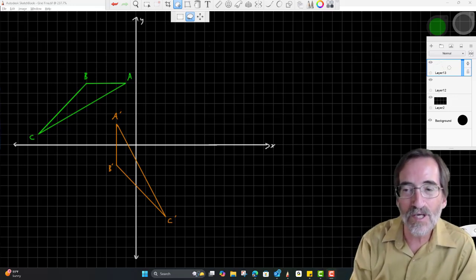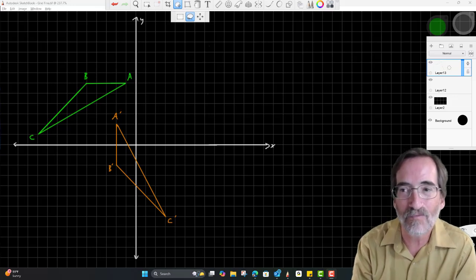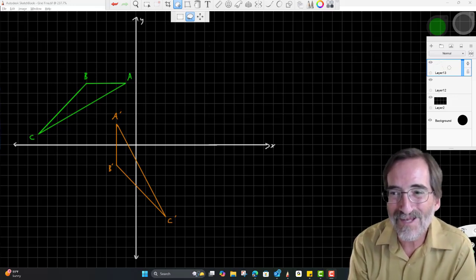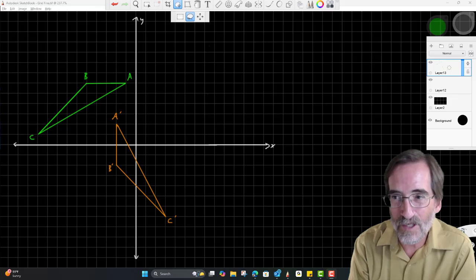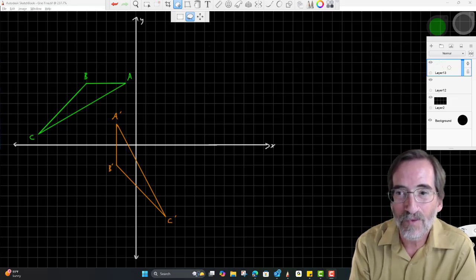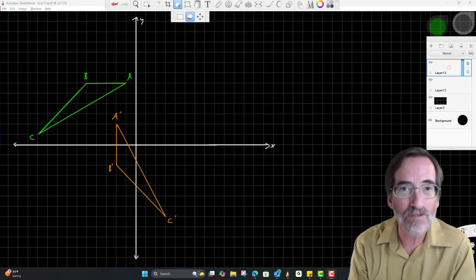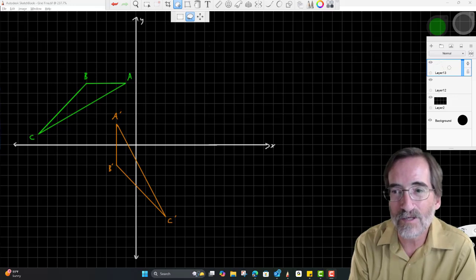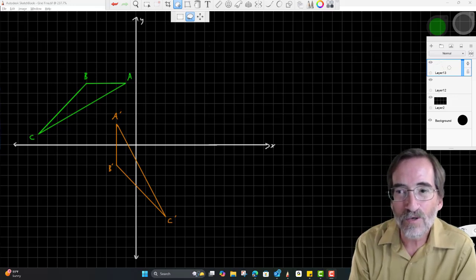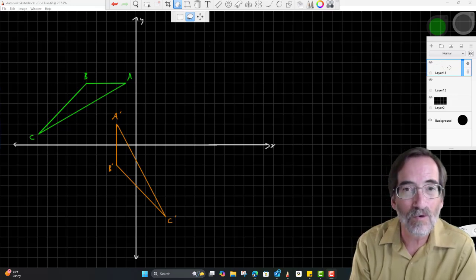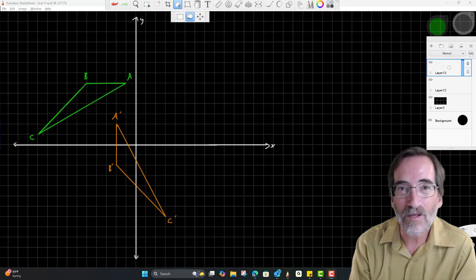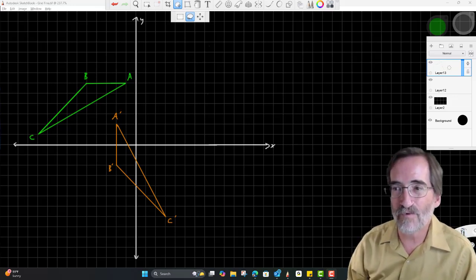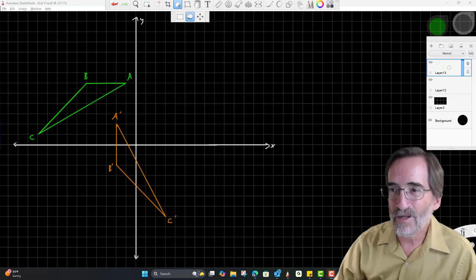Now we can do the rotation and the translation in two separate steps. I could translate it first and then rotate it. That would be a little bit tricky, but it would be doable. Or I could rotate it first and then translate it. And that goes to the idea that the order of transformations, though important, can vary. You can change the order of the transformations and get them still to work.